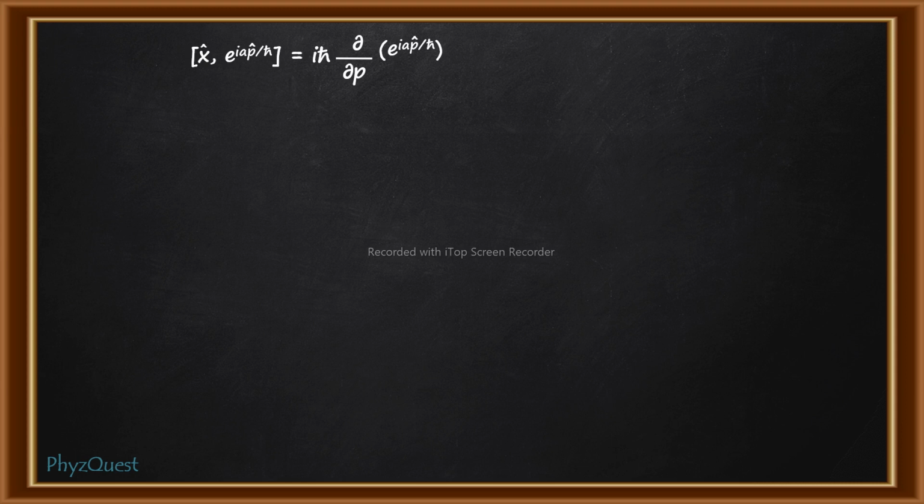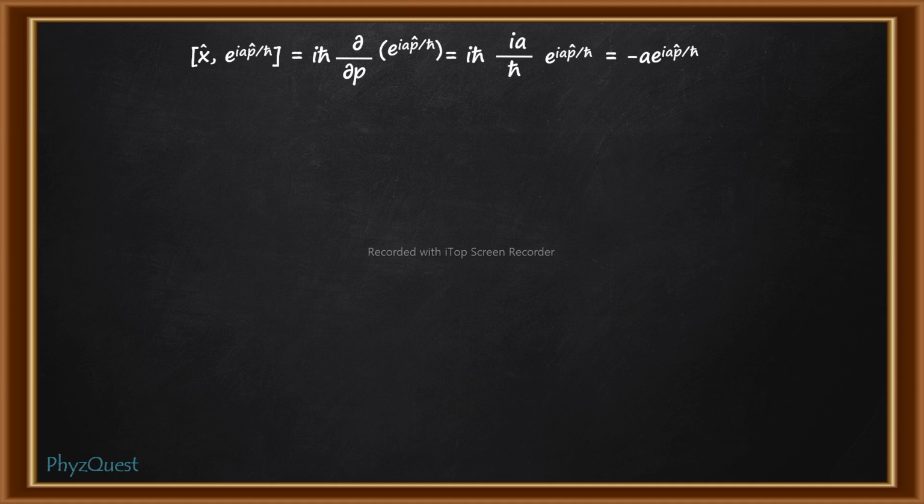This is as per the formula we discussed in the previous slide. When you differentiate it, this will be equal to iħ times i a divided by ħ times e to the power i a p cap by ħ, which upon solving will give you minus a e to the power i a p cap by ħ.